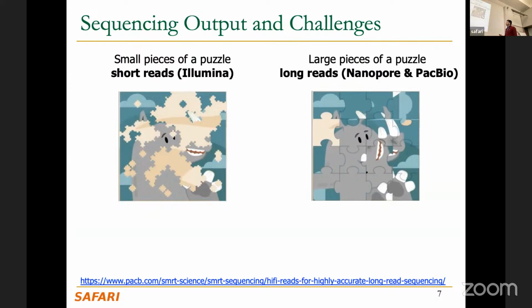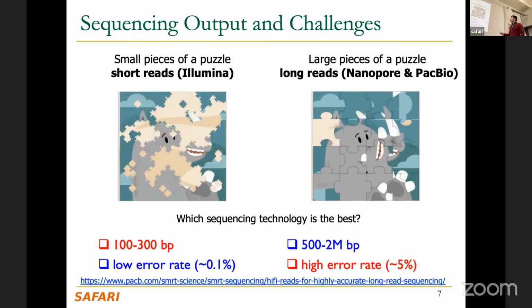One technology, known as Illumina sequencing, is known to produce very short pieces, while those fragments are relatively accurate. The other types of technologies, known as PacBio or Nanopore sequencing, usually produce longer reads, which makes read mapping relatively easier, but they are usually more erroneous than the fragments from Illumina.